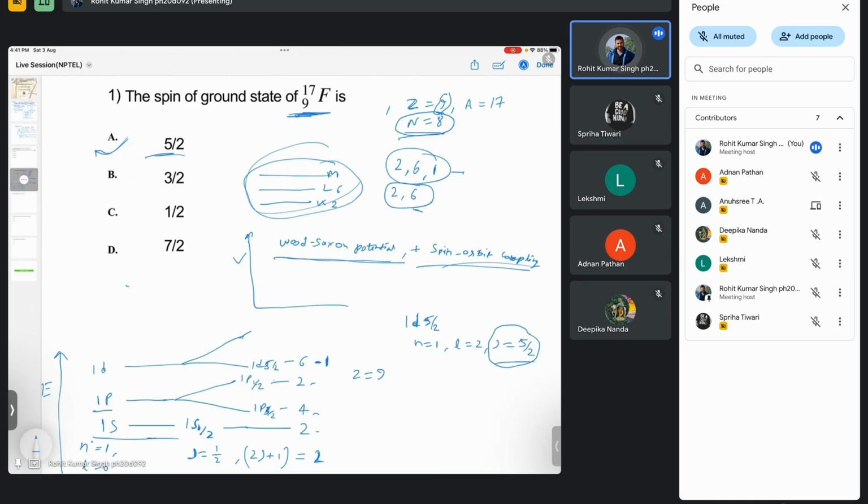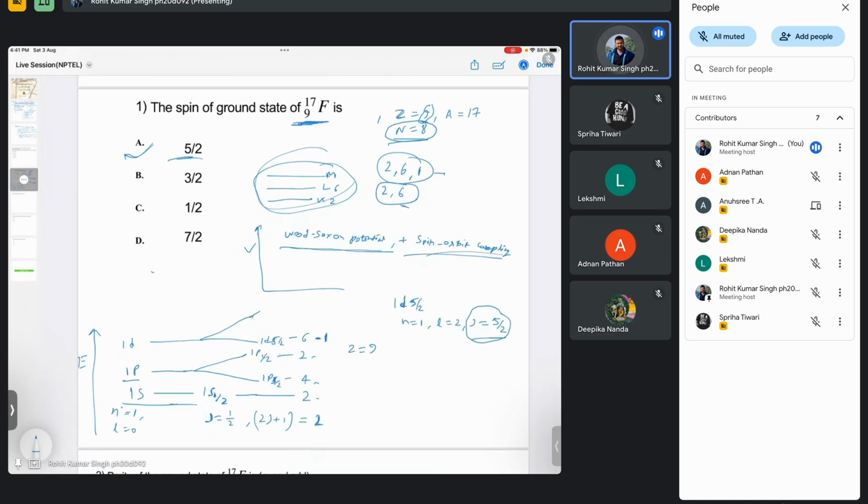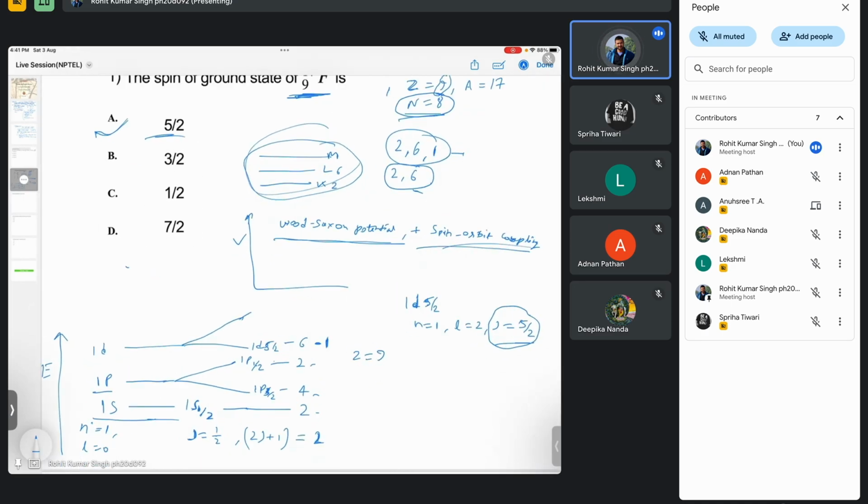So has anyone any doubt here? Yeah, thank you. Those who couldn't understand, I tried to briefly give you a rough idea of what this shell model is.